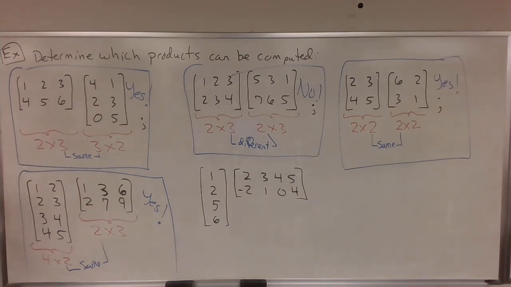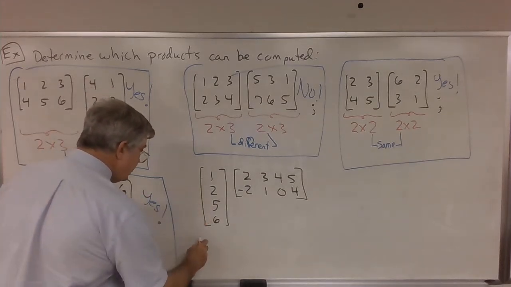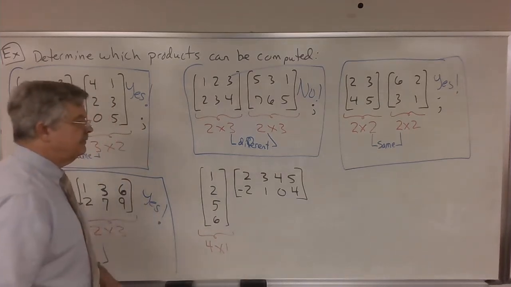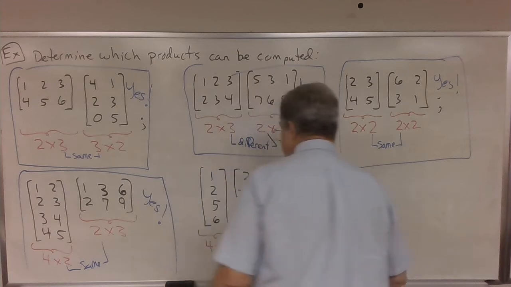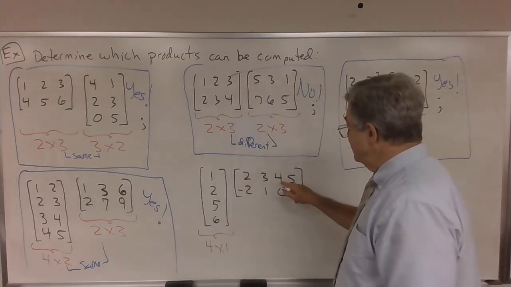And then finally, this matrix has 4 rows and just 1 column. It's a 4 by 1 matrix. This matrix has 2 rows and 4 columns.